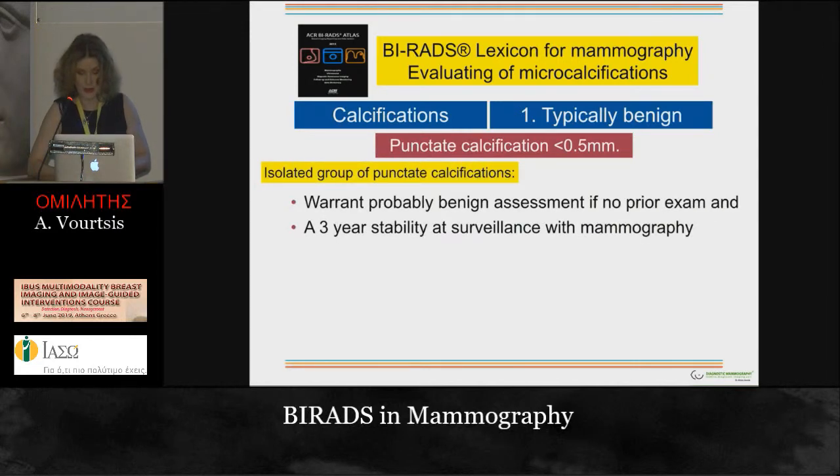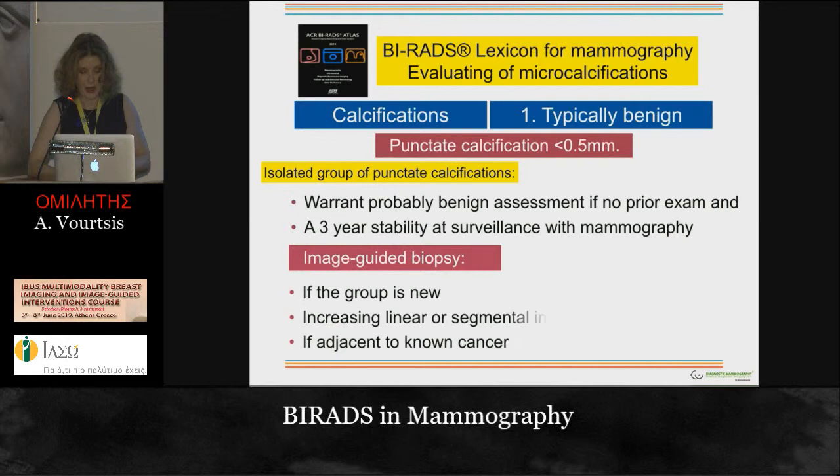Punctate calcifications are very tiny, less than 0.5 millimeter. They might appear as a group of punctate calcifications, and they are defined as probably benign, which is BI-RADS 3, if we do not have a prior examination or if they are stable for at least 3 years on mammography.